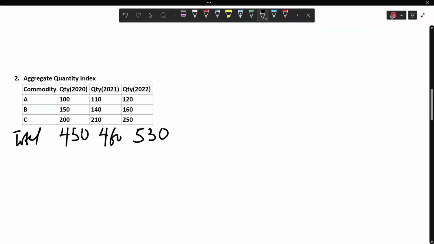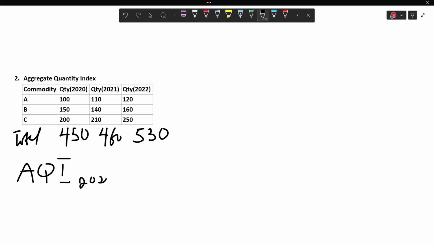Okay, so now let's find the aggregate quantity index. The aggregate quantity index for year 2020, which is your base year, is always 100.